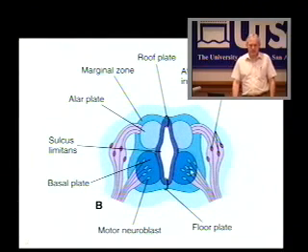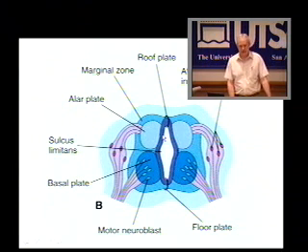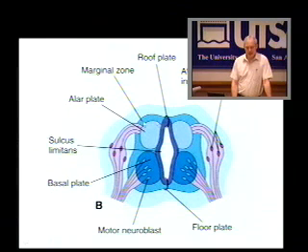What we're seeing then in this slide is the prominence of the sulcus limitans, and as we get the distinctive development of the ventricular zone, this is mostly ependymal cells by this point, and the dorsal portion separated from the ventral portion, there are actually plates formed of cells in the dorsal part of the intermediate zone and the ventral part of the intermediate zone, and they become alar plates.